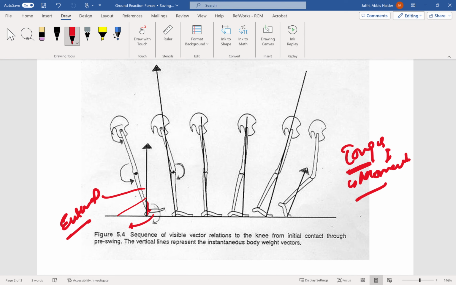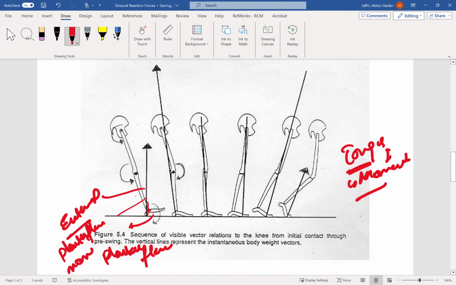It's pushing it down. Pushing your ankle or your foot down, like on a gas pedal, is called plantar flexion.